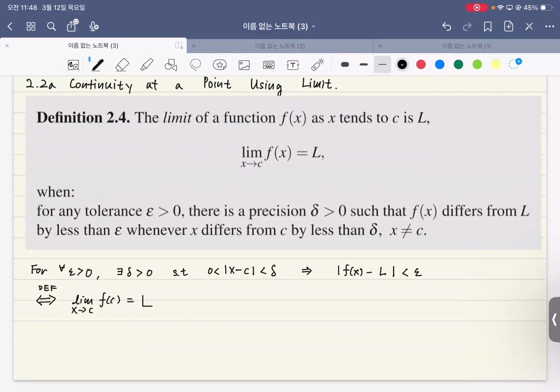It looks like these two definitions are almost identical. The definition of continuous function and the definition of limit are almost identical, except for this.